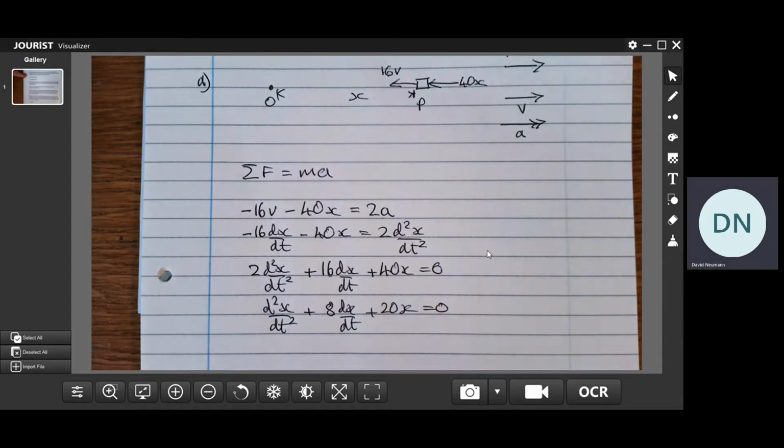So we've done part A. We have derived the differential equation.